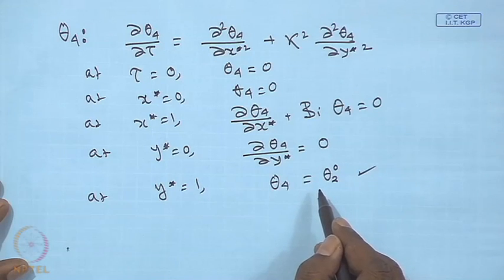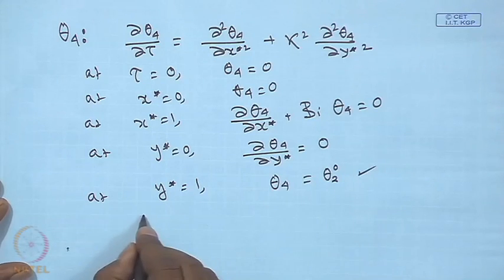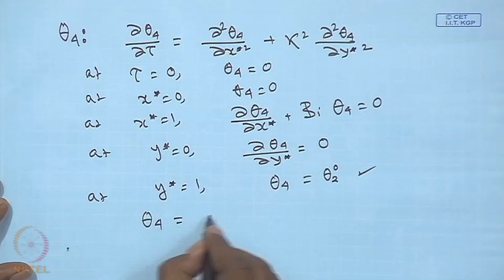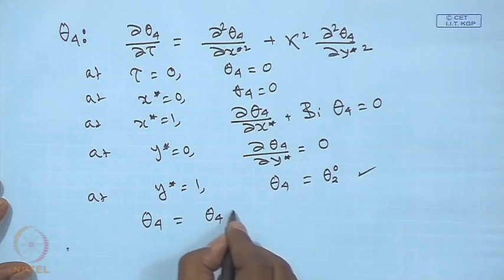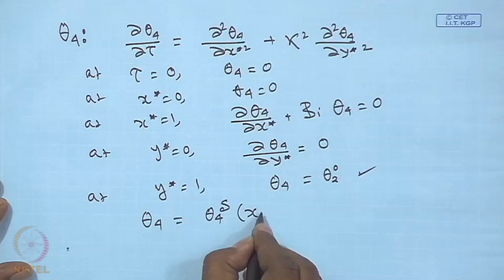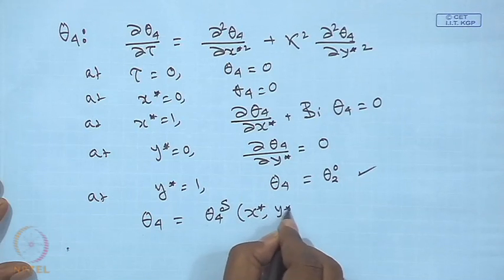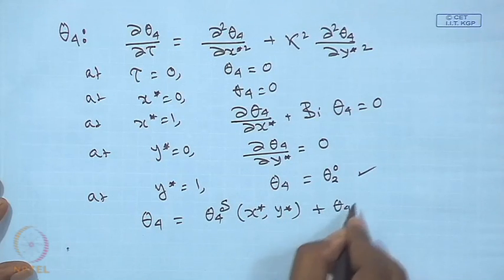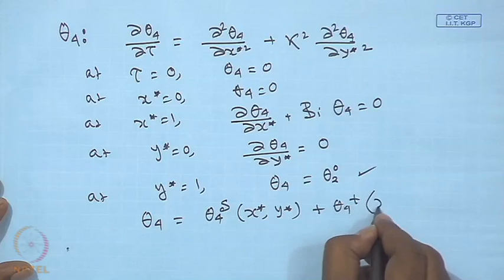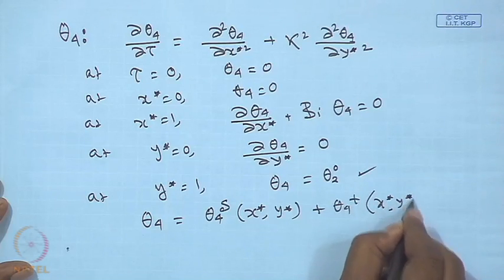We have to convert this problem into a well posed problem. So, therefore, theta 4 is theta 4 s, which is a function of x star and y star, plus theta 4 t, which is a function of x star, y star, and tau.